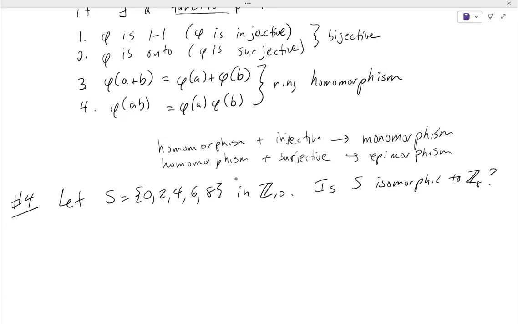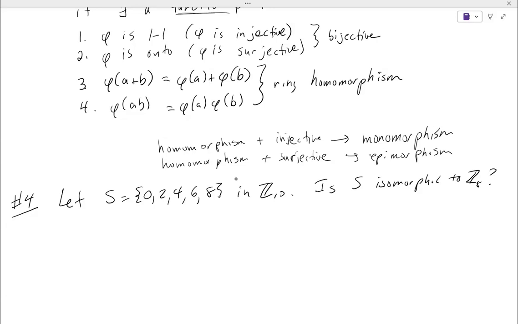Okay. So there are some things you can look at that can tell you quickly if they're not isomorphic. Because again, remember, isomorphic means same structure. Well, one's commutative, one's not. They don't have the same structure. Okay. None of that works here.